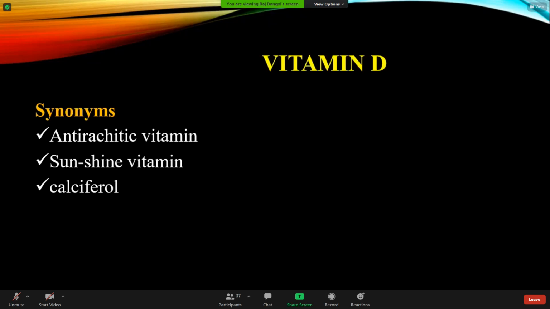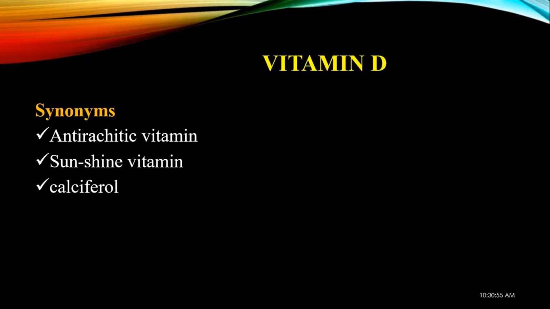Even if you are not consuming sufficient vitamin D from food, if you are exposed daily to sunlight for more than 15 minutes, that is quite enough to get the vitamin D required for our body functions. So we should be in the sunlight for a minimum of 15 minutes to get the required vitamin D necessary for our body. So it is also called a sunshine vitamin.